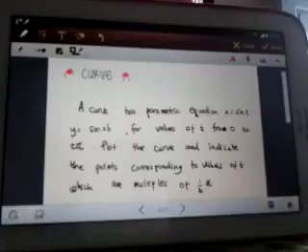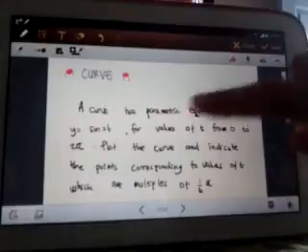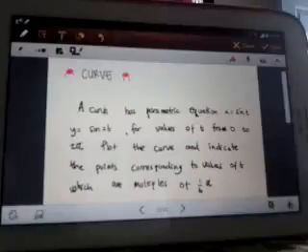A curve has parametric equations x is equal to sine t and y is equal to sine 2t, for values of t from 0 to 2 pi. Plot the curve and indicate the points corresponding to values of t which are multiples of 1 over 6 pi.